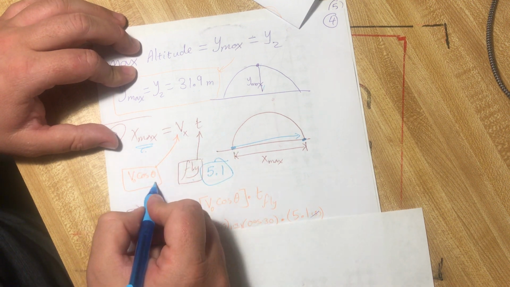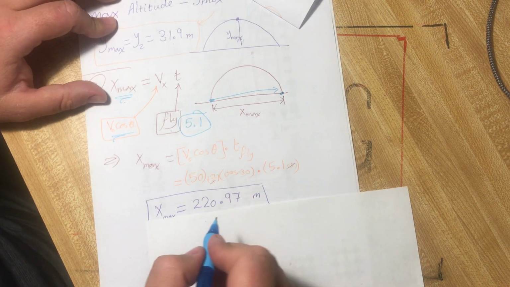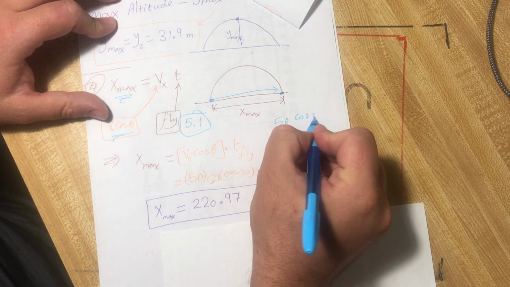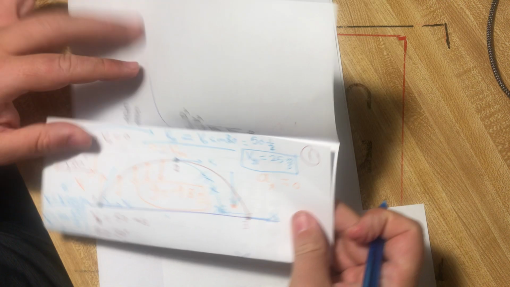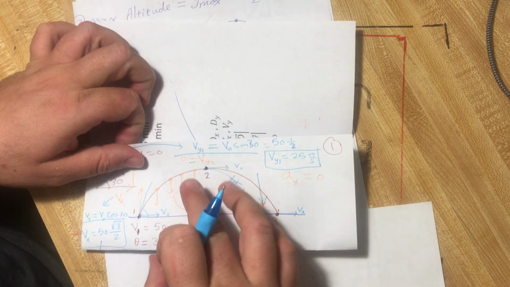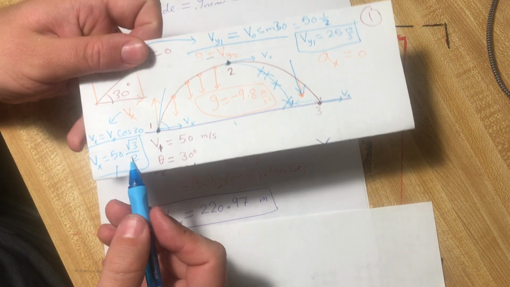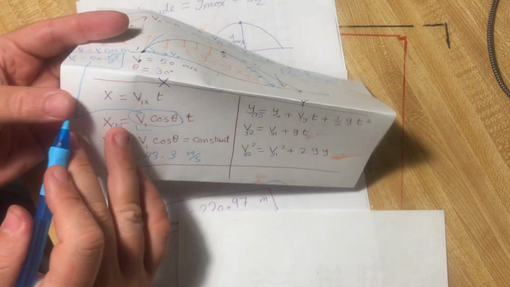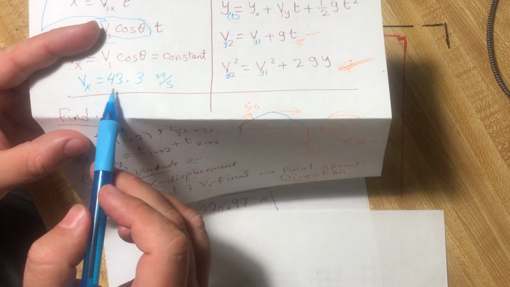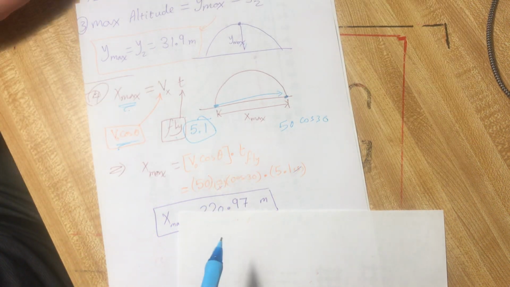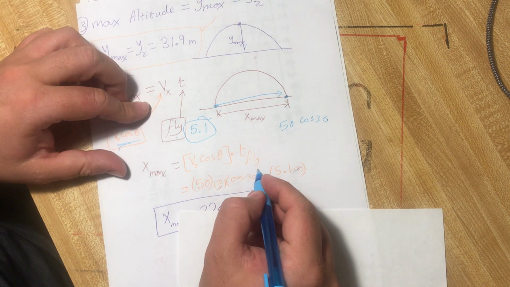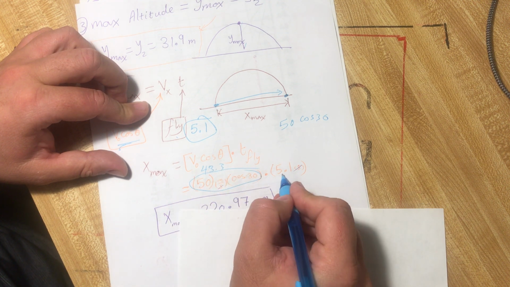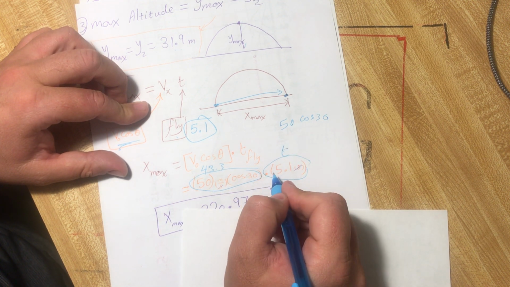Vx, we found it before, which is 50 cosine 30. At the first step it was 50 root 3 over 2, which is equal to 43.3 meters per second. This value is multiplied by the flying time.